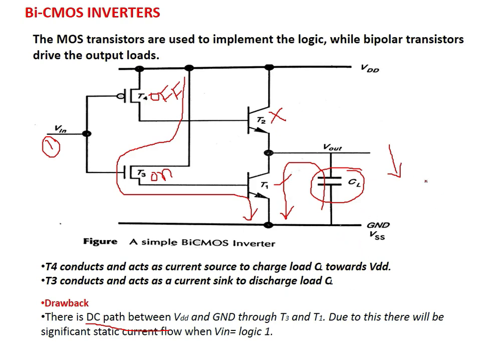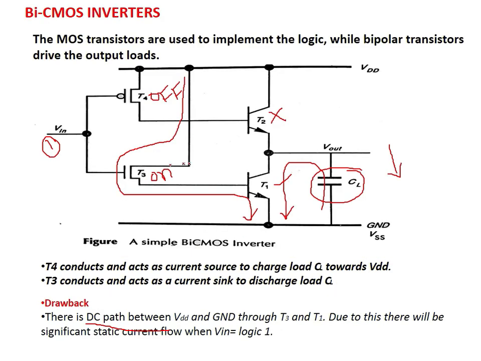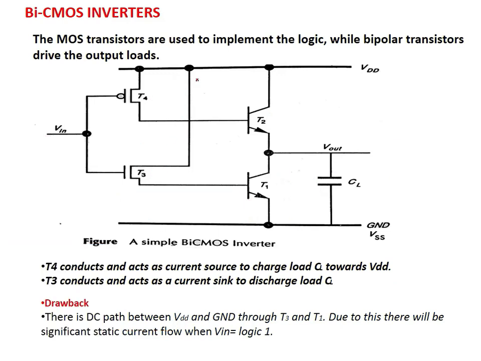So these are the alternative BiCMOS inverters with no static current flow. The difference between these two circuits is that here this path is eliminated.